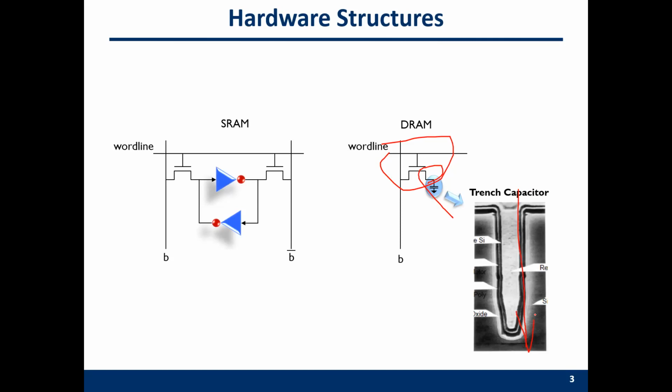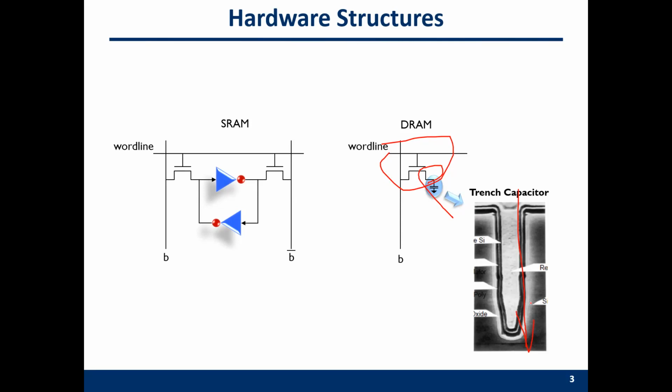You can consider that making one of these holes is very easy, but making billions of holes on the same die, and they should have similar depths.